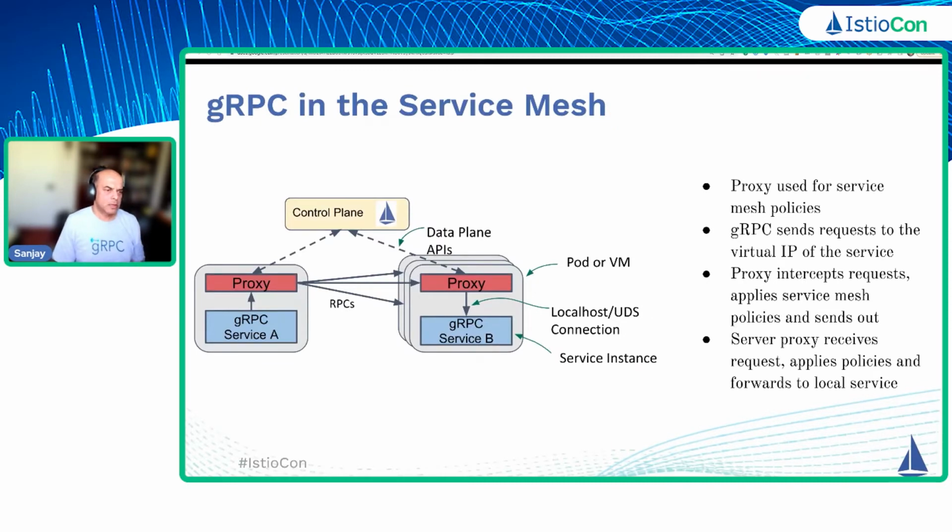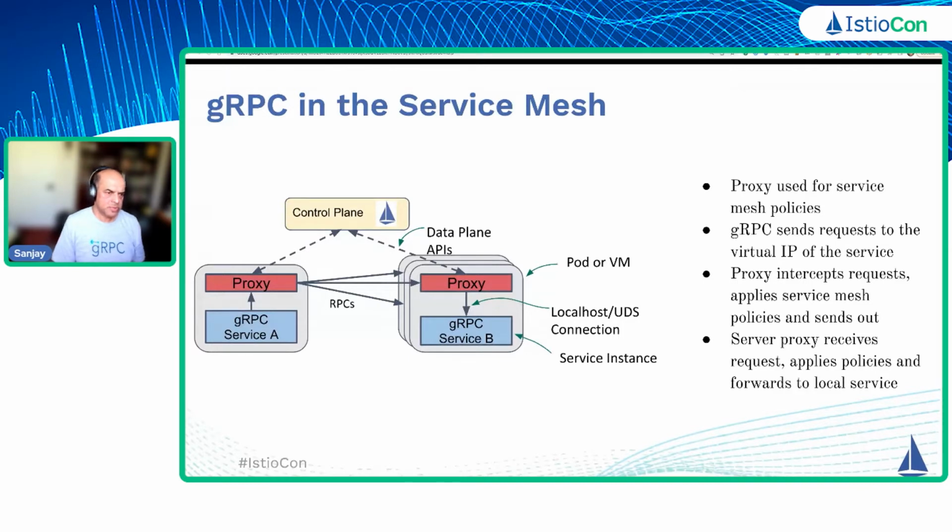Let's look at gRPC in the service mesh. A service mesh with proxies was the original model. This is how the service mesh started. In this, we have transparent proxies shown here in red boxes. They allow existing apps to be in the service mesh.